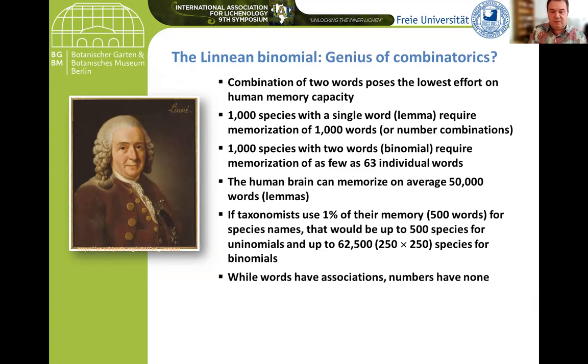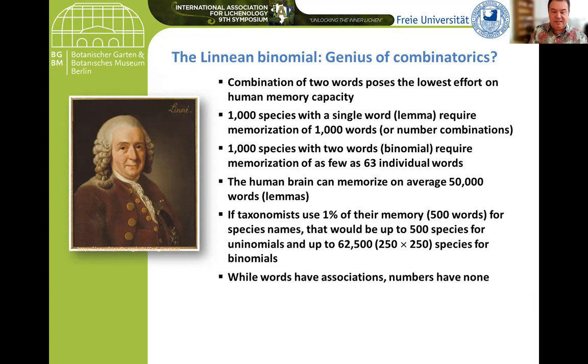If you have two words, you can use as few as 63 individual words to name 1,000 species. The human brain can memorize on average about 50,000 words. So if taxonomists use 1% of their memory, 500 words for species names, that would be up to 500 species for uninomials and up to more than 60,000 for binomials, depending how the genus and species diversity is distributed.